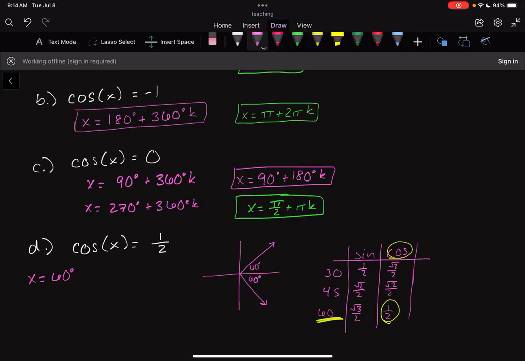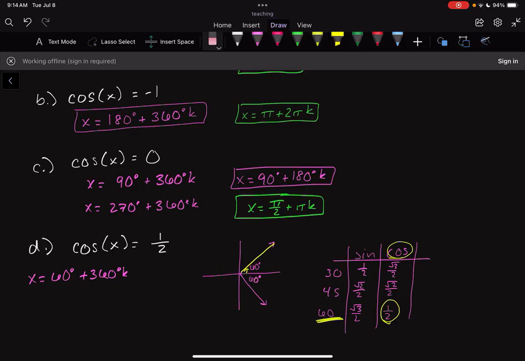So x equals 60 plus 360k, because remember that I can keep finding angles in the same location if I just keep wrapping around the circle. If I add 360, I can find coterminal angles.